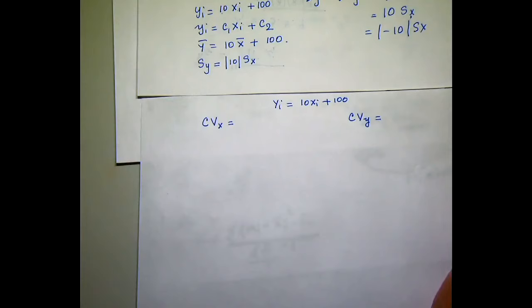I want to know what is the relationship between the coefficient of variation of x and the coefficient of variation of y. Is one 10 times as big as the other, or are they the same, or some other relationship exists? Tell me. Go ahead.